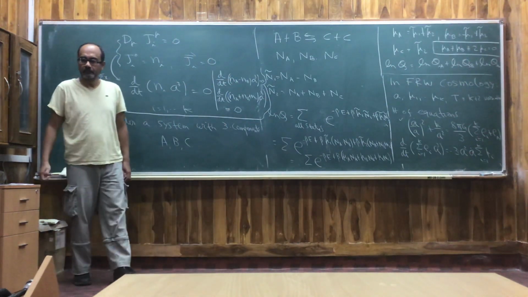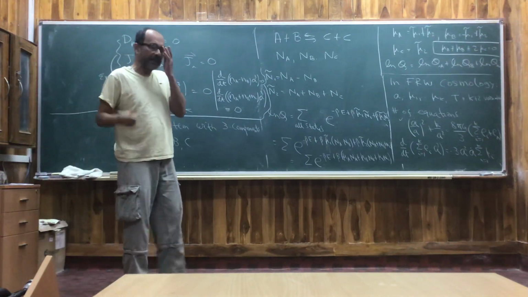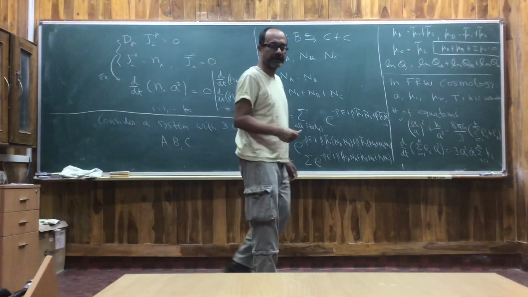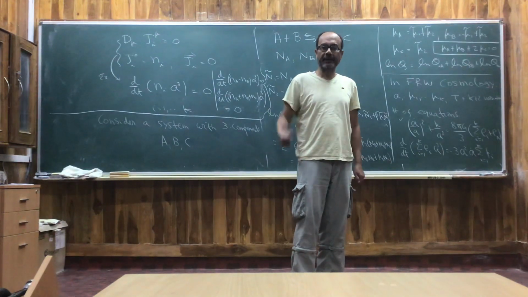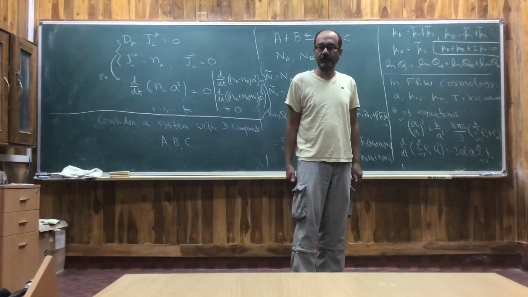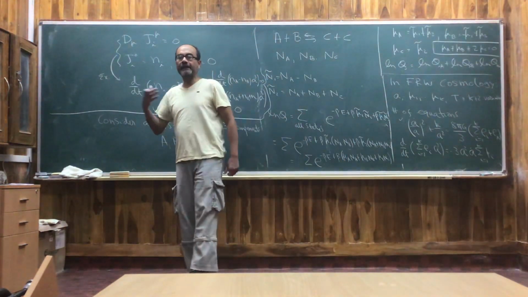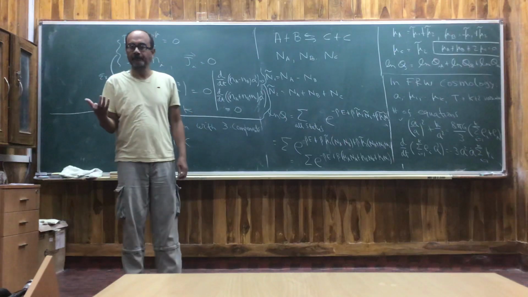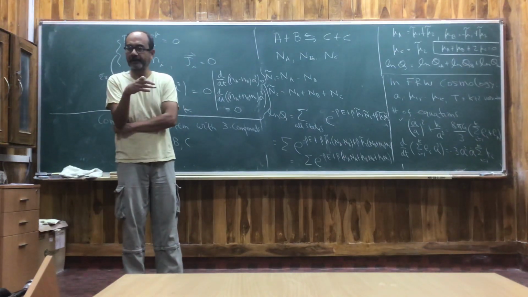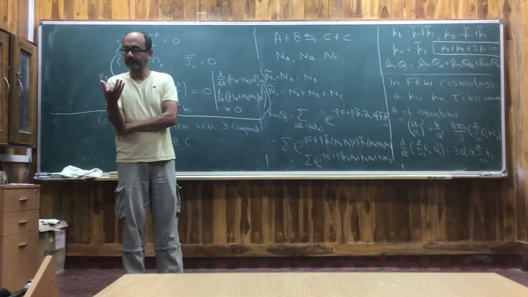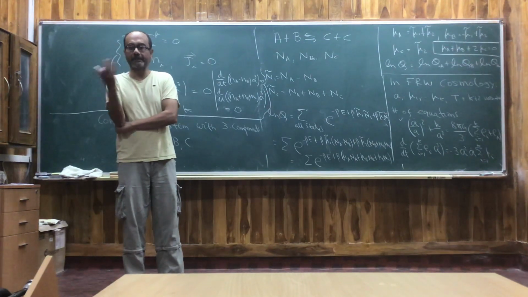Okay, so we still have the same number of equations as the number of variables. We reduced the number of variables and the number of equations. And this is the general rule. Every time we lose a conservation law, we also lose a variable. The corresponding mu is gone. So you always have the same number of equations as the number of variables, and hence you can solve it.